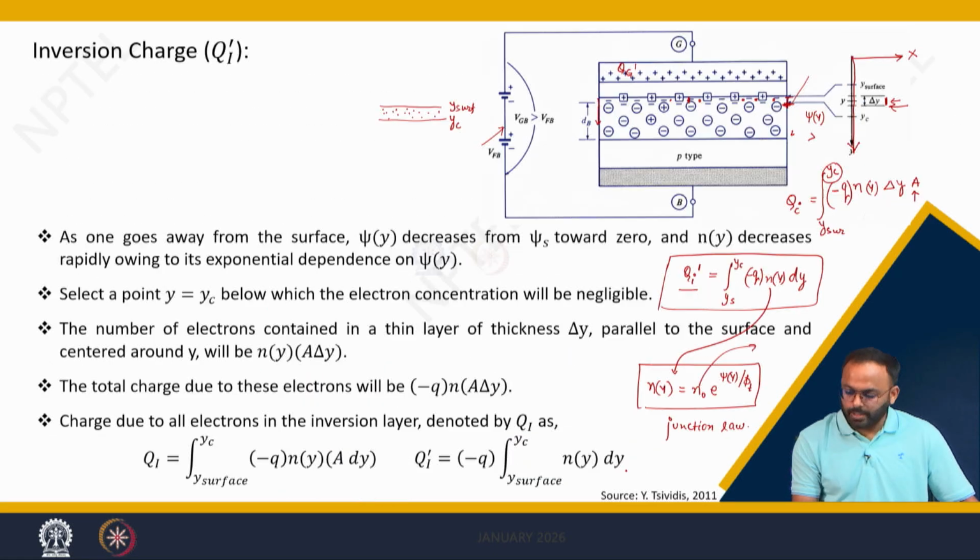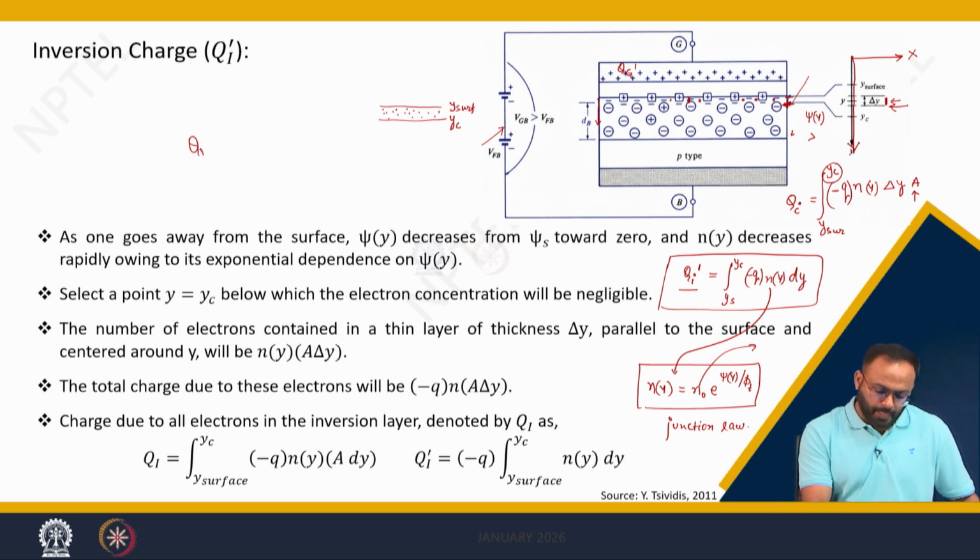So instead of following this approach to calculate the inversion charge, let us do some other approximation and find out qb dash. If we get the expression for qb dash, we will calculate qi dash by simply qc dash minus qb dash.